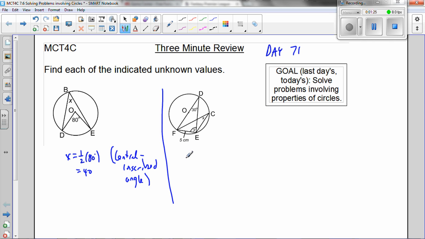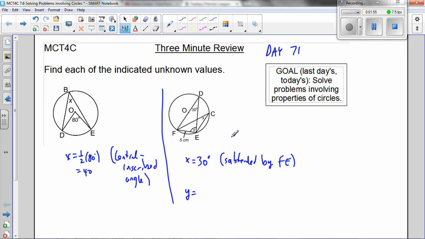Here we've got two unknowns, x and y, and x, you see, is subtended by this chord FE, or the minor arc FE, both ways we think of it. Since it's subtended by FE, and so is this angle, x is just 30 degrees, and they're both subtended by FE.